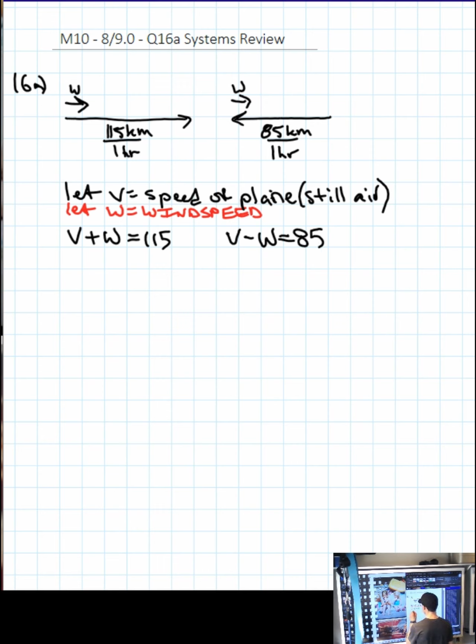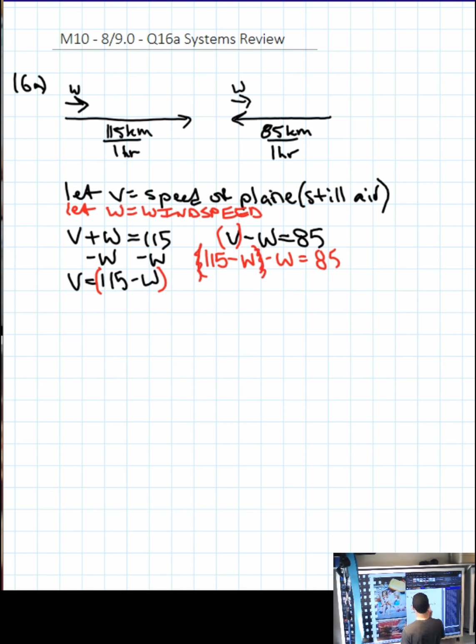So in the equation on the left, we can minus W from both sides. Therefore, V equals 115 minus W. Brackets around V in the equation, brackets around V in the other equation. Substitute 115 minus W equals 85. Those brackets are unnecessary. I can scribble them out.